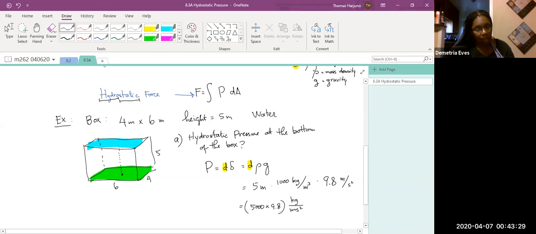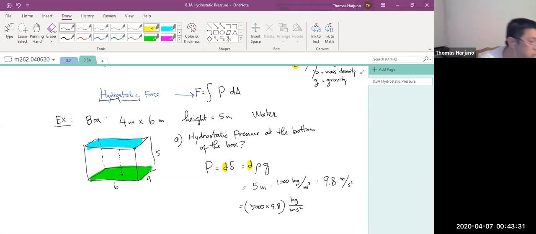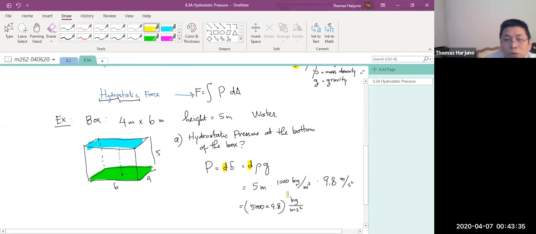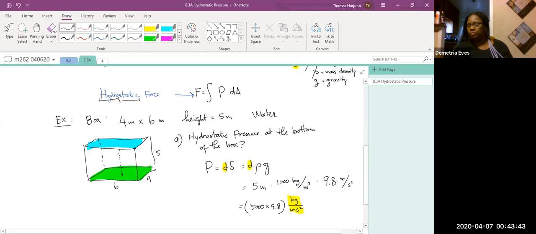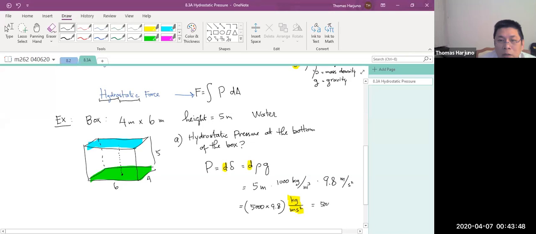Okay, now this unit is usually called Pascal. So this is equal to 5,000 times 9.8, whatever that is, times the unit Pascal, Pa.